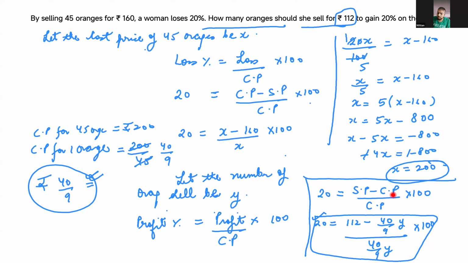The cost price of one orange is 40 by 9, but we don't know how many oranges she bought and sold to get a gain of 20%. So let the number of oranges sold be y. The cost price of the total oranges will become 40 by 9 y. So wherever the CP is given, I just wrote 40 by 9 y. Then when you solve it, you will get the number of oranges she bought.